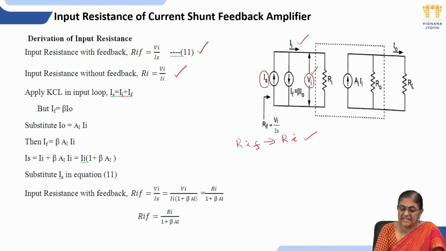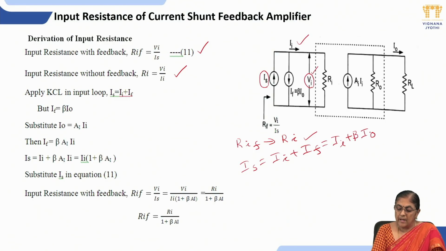By applying KCL in the input loop, what did you get? Is is equal to Ii plus If. But IF is beta I naught. Therefore, by substituting IF here, IS is equal to II plus beta I naught. But AI is equal to I naught by II.